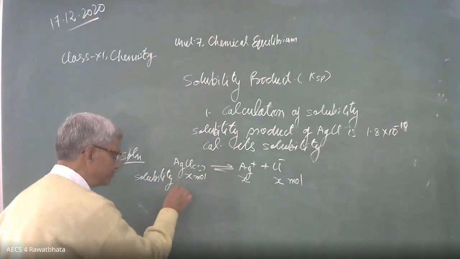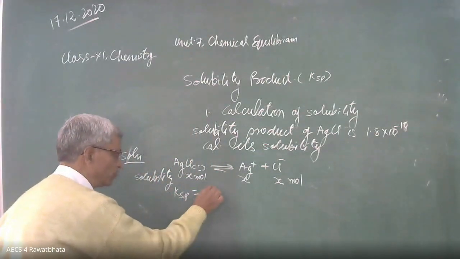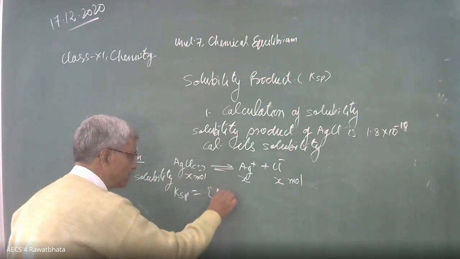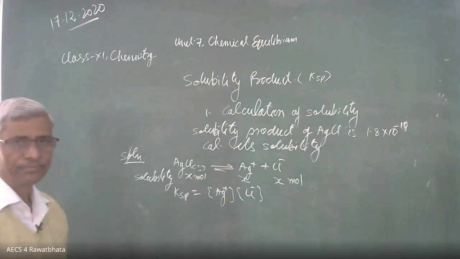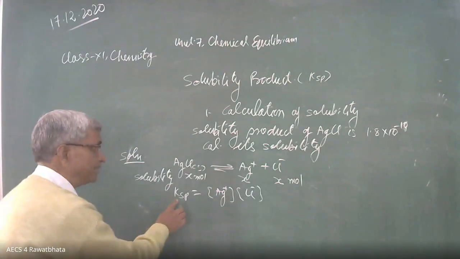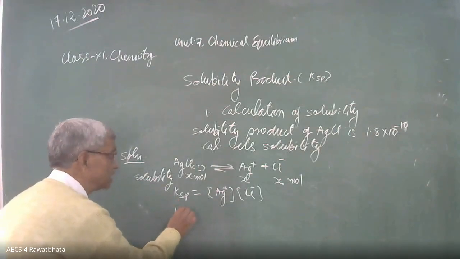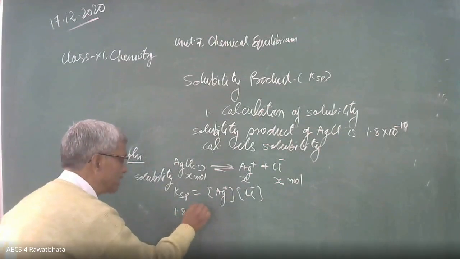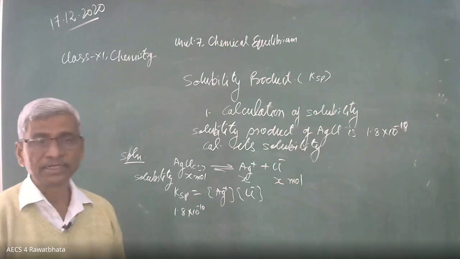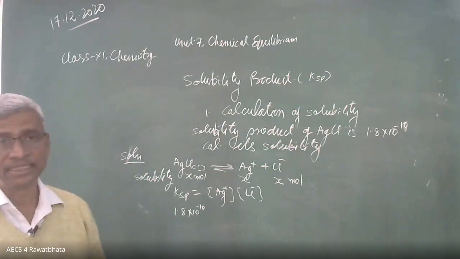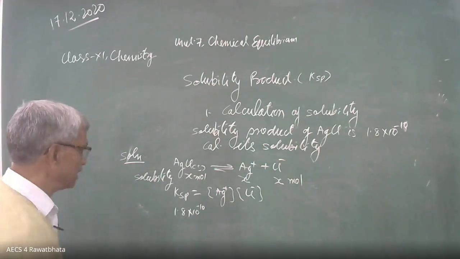KSP is equal to the product of silver ion and chloride ion in the solution. Then the KSP value is given as 1.8 into 10 raised to power minus 10. See how small a quantity is going to dissolve, 10 raised to power minus 10. It is sparingly soluble.